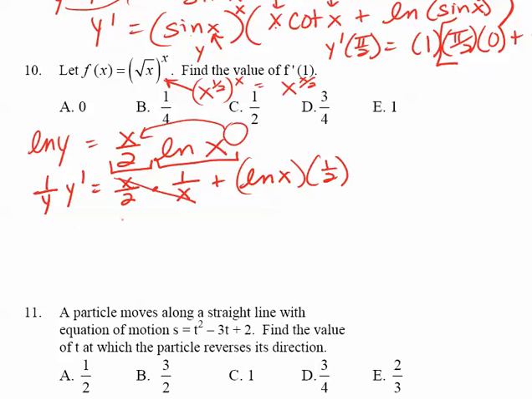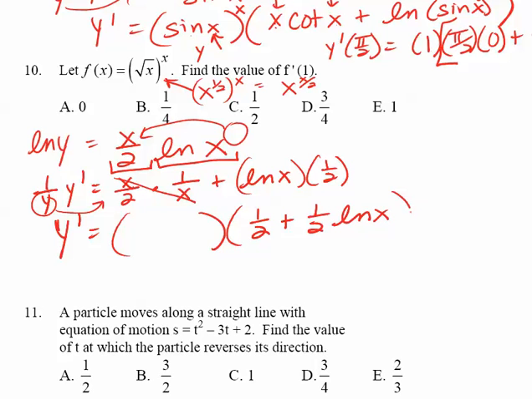These x's cancel. So we now are going to multiply the y to bring it to the other side. And I'll clean this up first so you see what we've got here. 1/2, we could factor it out because it's in both parts here. And this is where we're multiplying to bring y to this side.